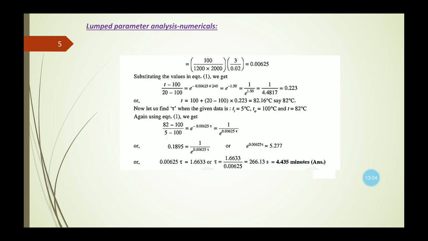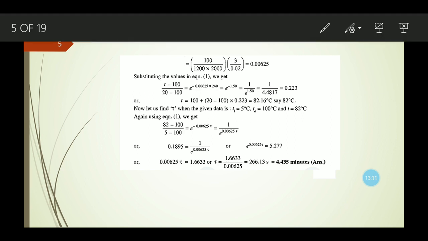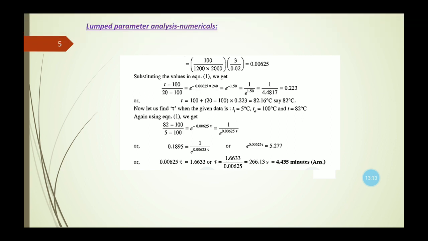So ultimately we are getting the value of hA by rho Vc equals 1.00625.